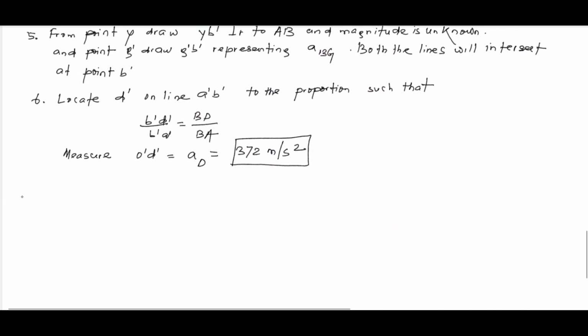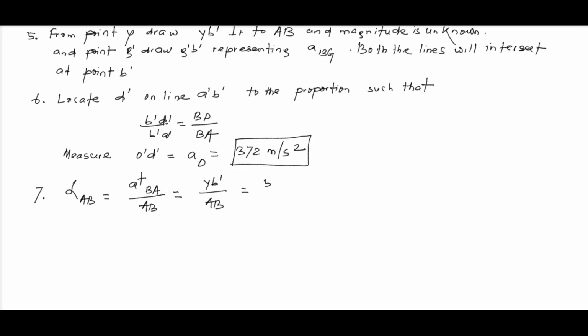Now step 7, we also need to find out the angular acceleration of AB. So alpha AB will be equal to the tangential component of BA divided by AB. So it is Y B dash divided by AB.